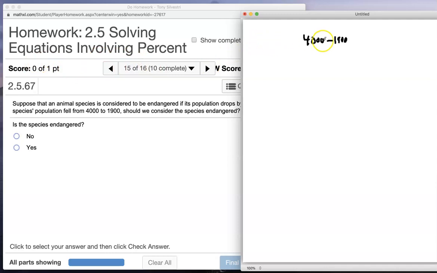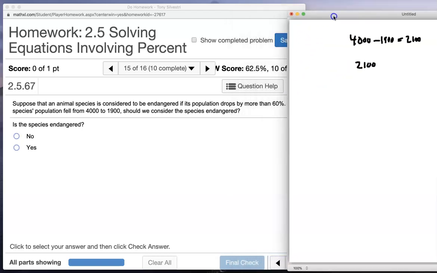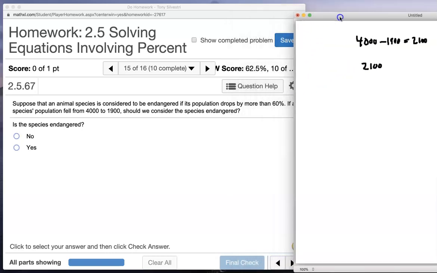Just a little bit of logic. That's going to be equal to 2,100. This is the drop.